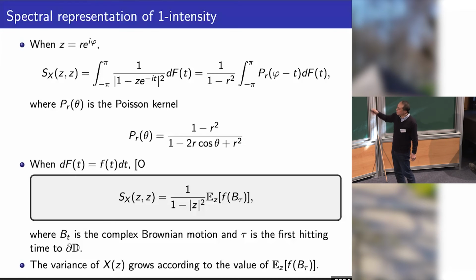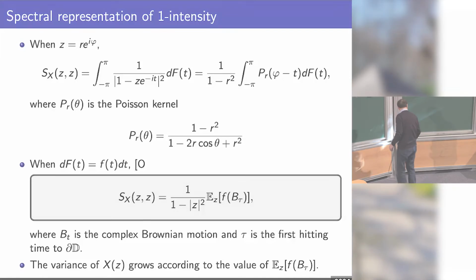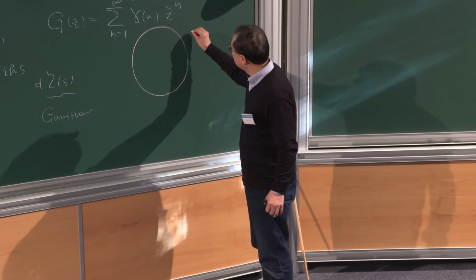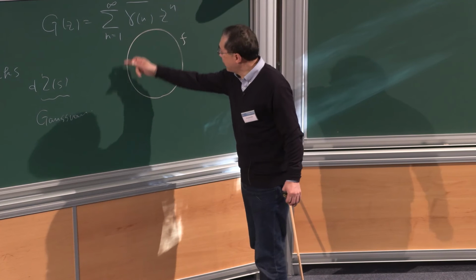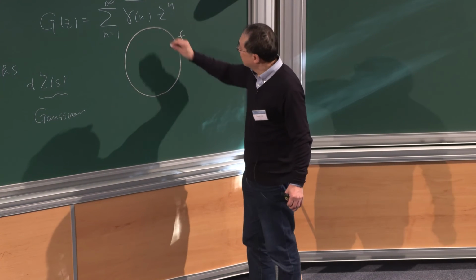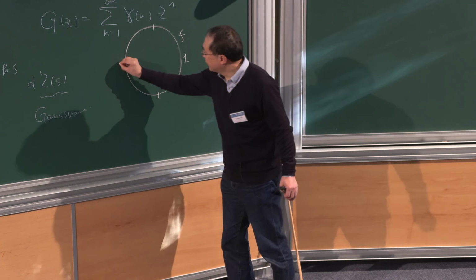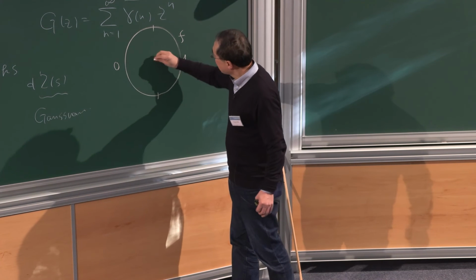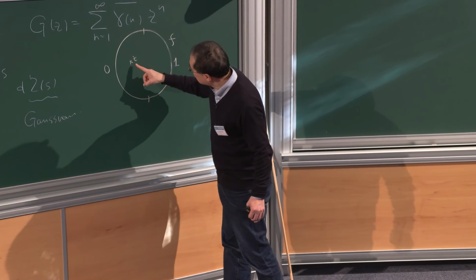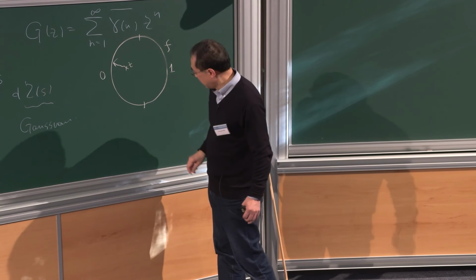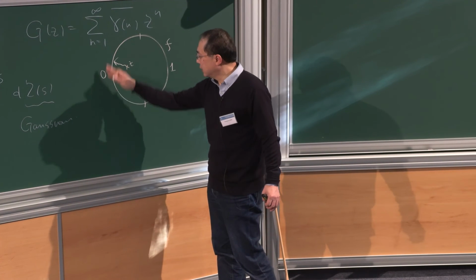But if f has zeros, later I'll take a function. Here f is a function on the circle, for example, here 1 and here 0. Then the Brownian motion starting at z is likely to hit this boundary.